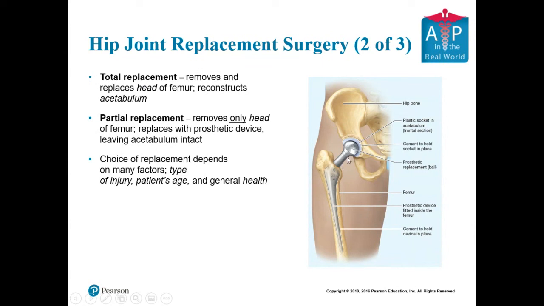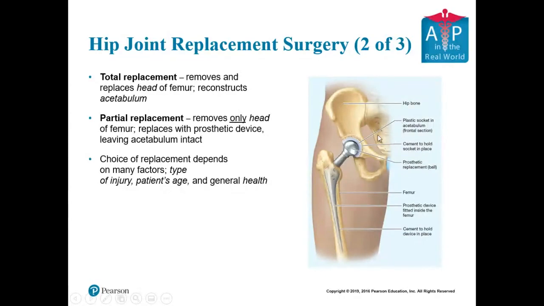That's very specific, and it looks exactly like the femur, essentially, right? They also have to modify, in the total replacement, the acetabulum in order to make the head of the titanium femur fit the acetabulum now. Okay, so that's total replacement.